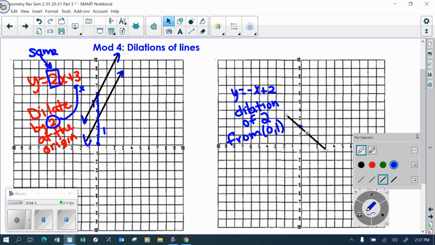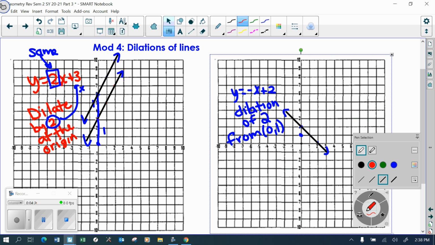Okay, so there's that line. And it says the center of dilation now is at 1. Well, now remember, from here to here is 1, and I want a dilation of 2. I go 1 more. That's a dilation of 2. So that means it's twice as far from the center of dilation. So this was only 1 unit away from the center of dilation originally. Now I go twice as far, which is 2 units away. And then I have my line from there.